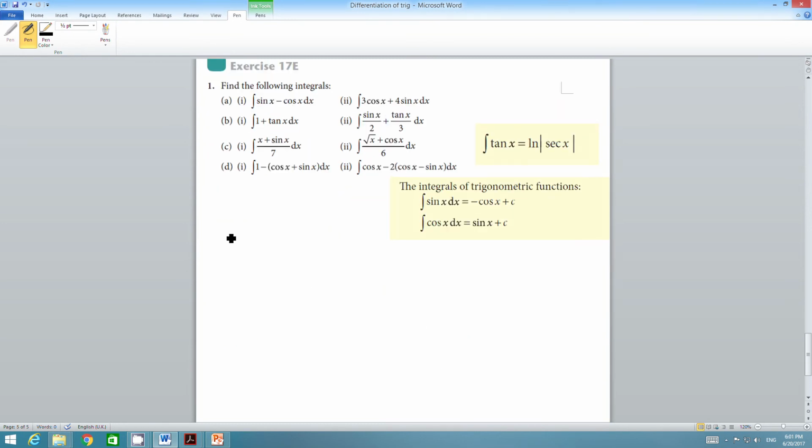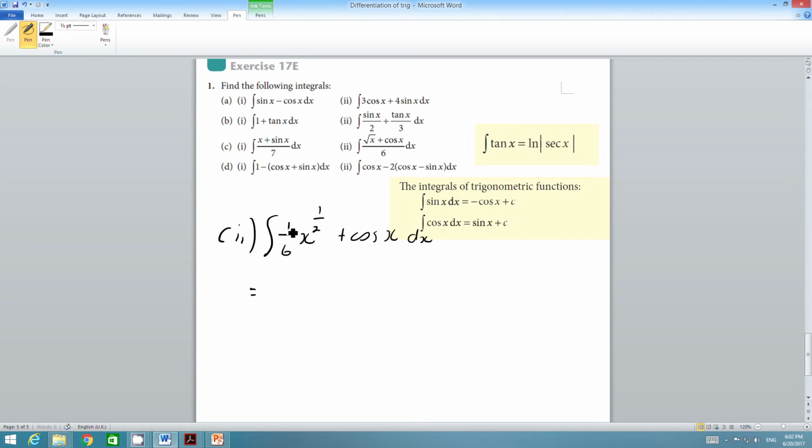C part 2. So for C part 2, they ask us for the integral. Now again, I see that this is a fraction. So I want to separate this fraction to make it easier. 1 over 6. And if I see square root of x, I can immediately write x to the power of a half plus cosine of x dx.